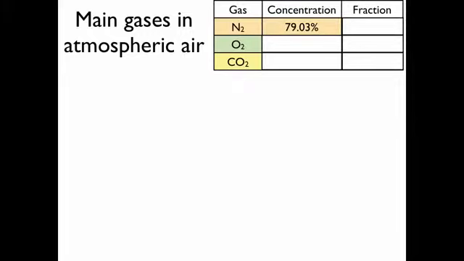Nitrogen makes up about 79% of atmospheric air, oxygen 20.93%, and carbon dioxide is present in a very small quantity as 0.03%. We can write all 3 of these gases in terms of percentage or as a fraction, 0.79, 0.2093, and 0.0003. This will come into play later when we start to do some calculations.